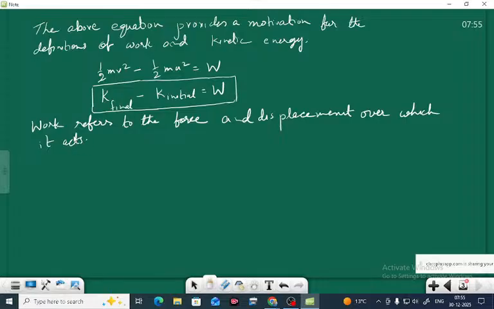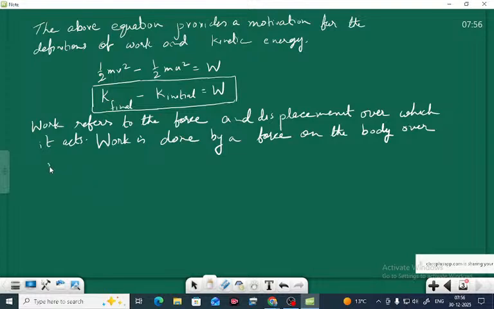So work is done by force on the body over a certain displacement. So you can define that work is done by a force on the body over a certain displacement.